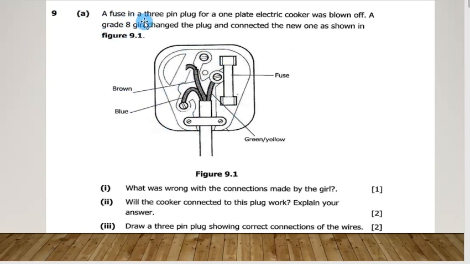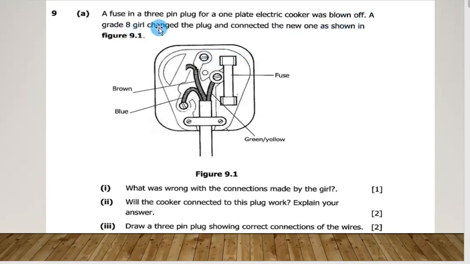So a fuse, I just picked part A because part B was about the cost of electricity, which we have not yet done, which we shall do in the second lesson. So a fuse in a 3-pin plug of a 1-plate electric cooker has blown off. Okay, they are giving us a situation.